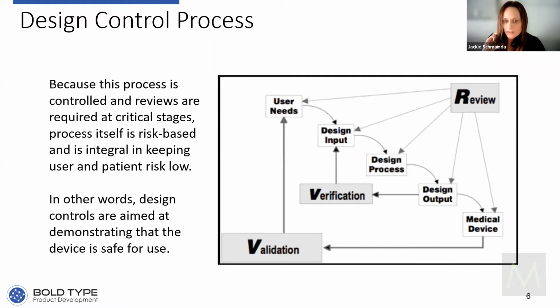The part here that's important in terms of risk is that by definition of having a controlled process, like the design control process, you're actually incorporating risk into the design process. The process itself is inherently a risk-based process. So at the end of the process, when you have a product that you can market, that you verified and validated because you followed the design control process, you're basically demonstrating that your risk is safe for use.